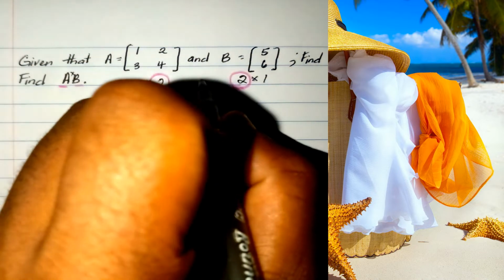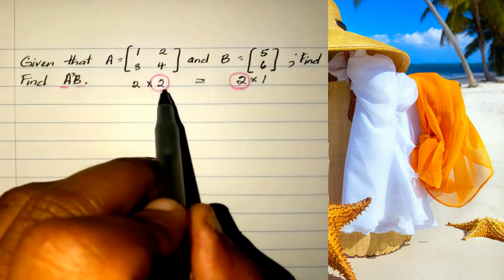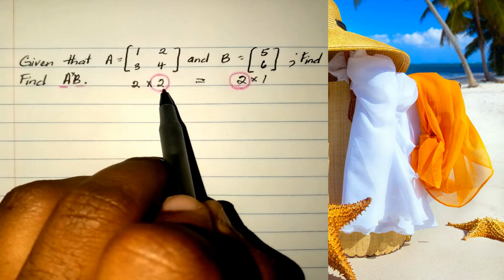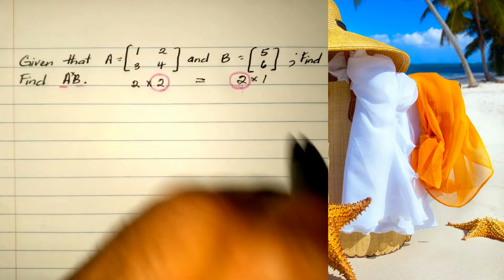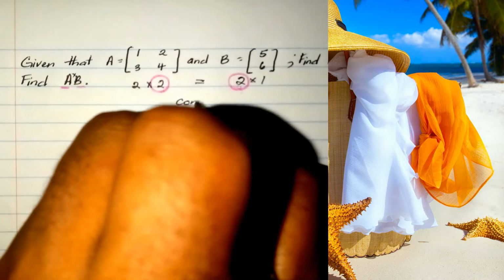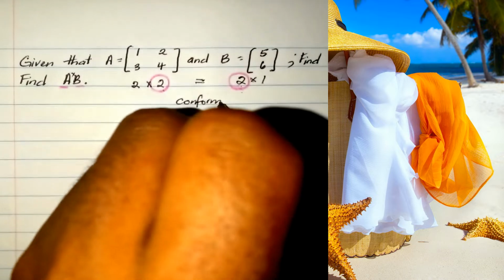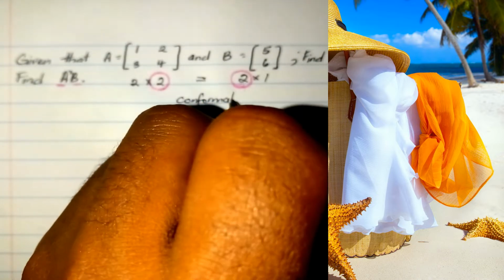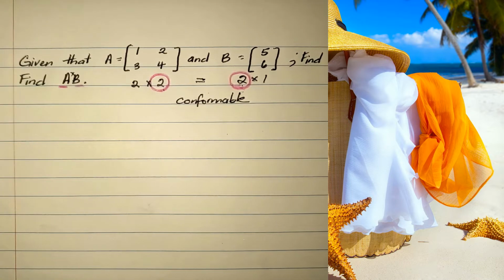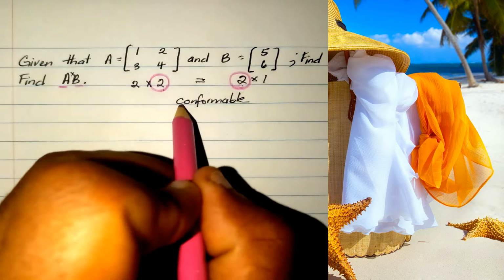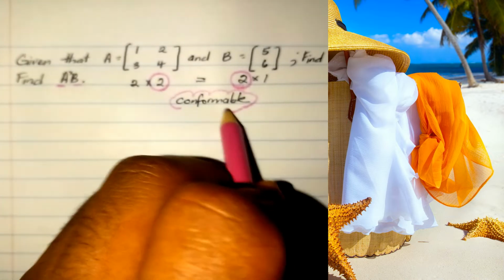Yes, they're equal. So once the number of columns in the first matrix is equal to the number of rows in the second matrix, then they are conformable, which means we can go ahead and multiply them. If they are not conformable, then you can't multiply them. The product does not exist.